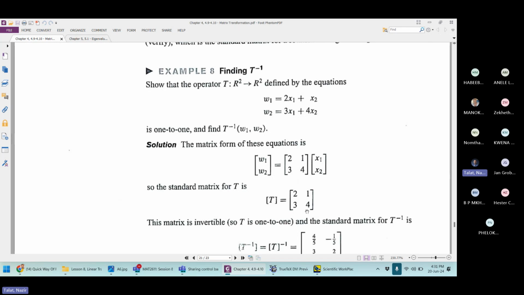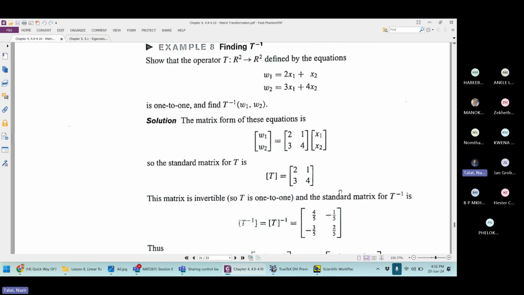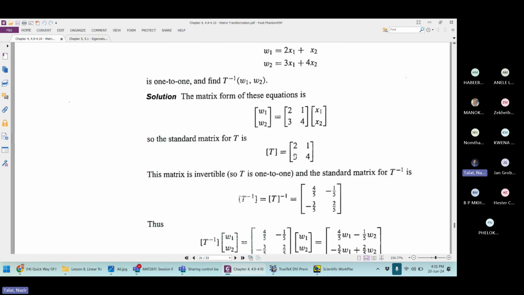There are many rules. We can find the inverse by elementary row operations, or by the inverse method, or there are several other methods available. The adjoint method is also available. When you find its inverse, this is actually denoted with T inverse.